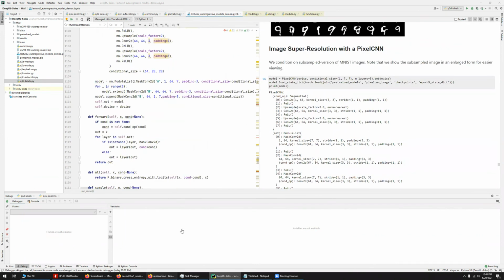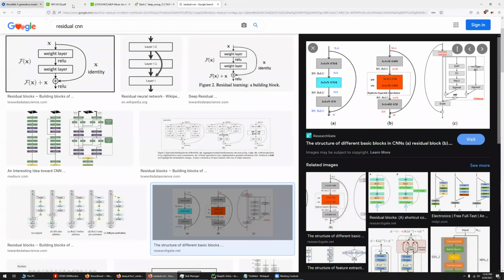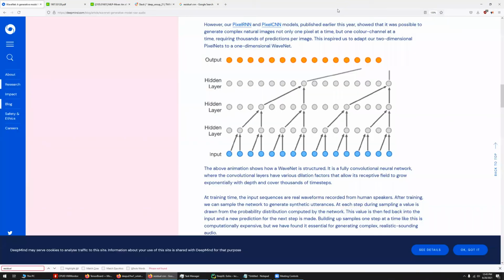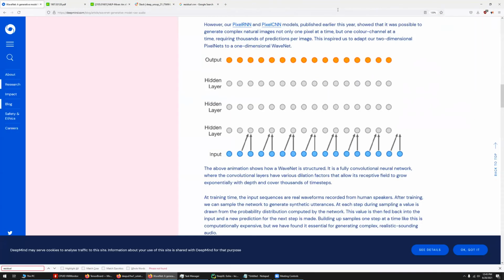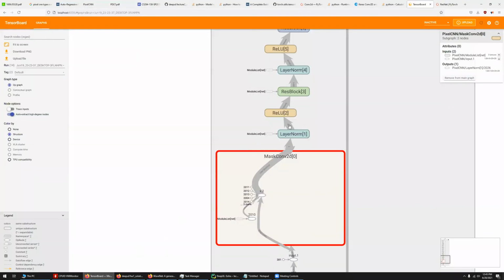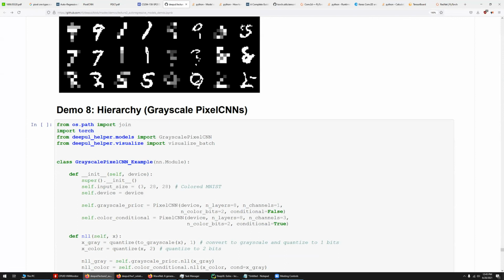So I should look at the actual code. Oh, I've lost where it is. Maybe here. Yep, here. This is super resolution. That code doesn't work in the notebooks.